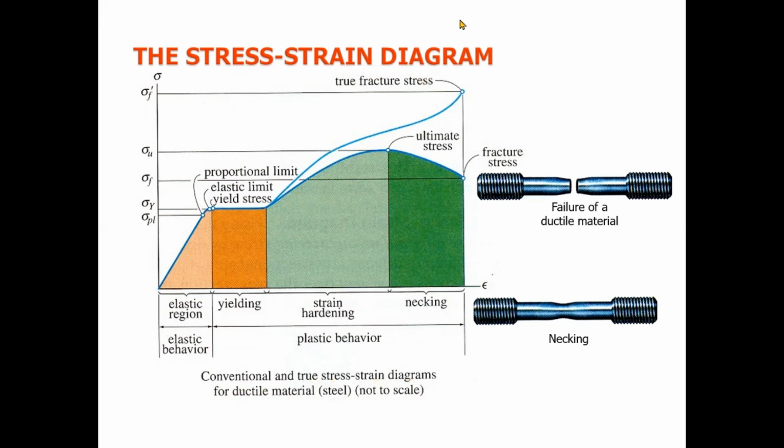Here you can see we have stress and here we have strain. When there is no load, everything is zero. When we start applying load, strain occurs in the body.